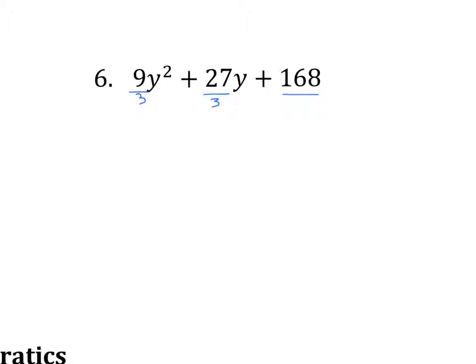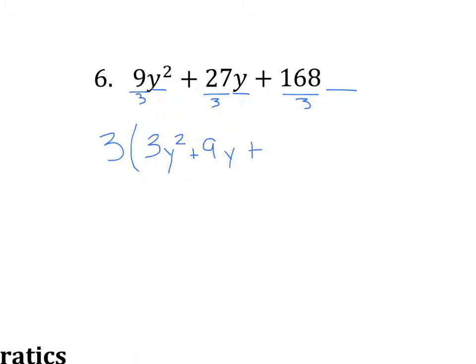You can divide them all by 3. Now, you've got to be careful here. You cannot take out a Y. Only the first term and the second term have Y's. The third term does not have a Y, so you can't take it out. So for number 6, you cannot take out a Y, just the 3. So I'm just going to divide everything by 3. The Y's stay there.